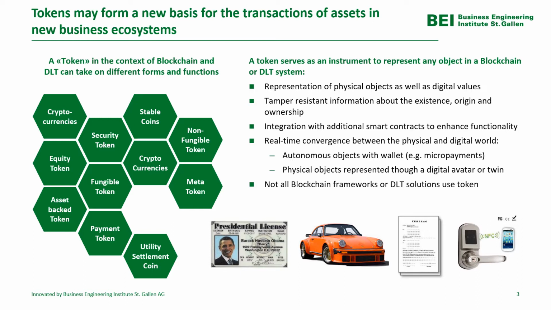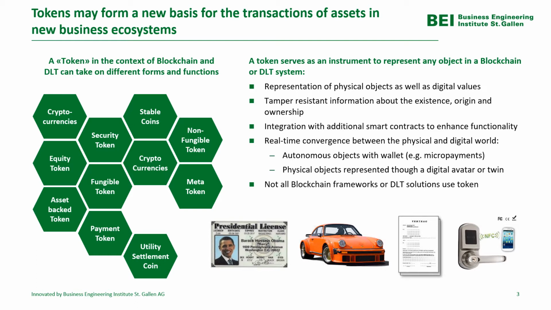We have a security token, where financial instruments such as securities are tokenized. We have, for instance, stablecoins as a subgroup of so-called payment tokens, and of course some tokens which indicate their behavior in a certain way. This would be a non-fungible token, for instance, or a utility token.